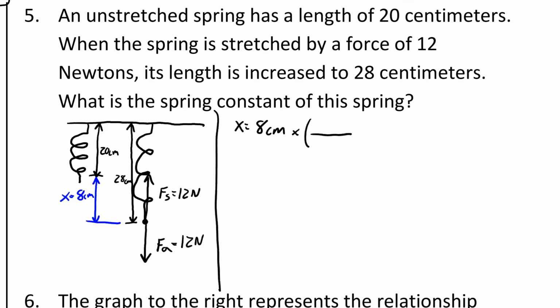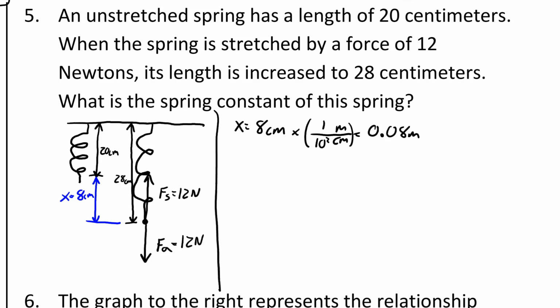And we want to convert this into meters. Centimeters is on top of the fraction, so we want to cancel it out, put it on the bottom. Converting into meters, 1 meter is equal to 10 to the 2 centimeters, as your reference table tells you. Or you could just go 2 places to the left, and you get 0.08 meters. So that's X. It's got to be in meters.